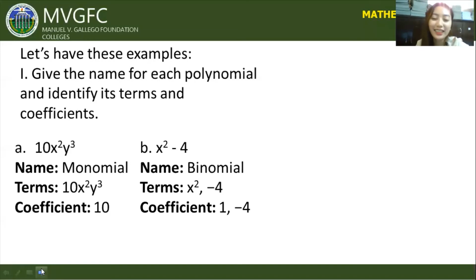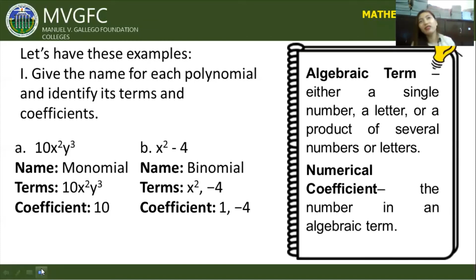It's invisible, automatically. So now, I've been telling you the terms, algebraic terms or numerical coefficient. Again, during your grade 7, you have learned about these terms. So let's have a short review. We have here the algebraic term, either a single number, a letter, or a product of several numbers or letters.